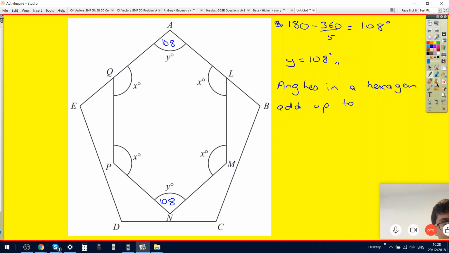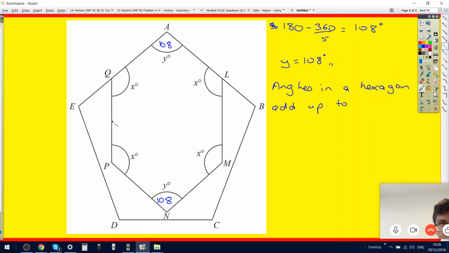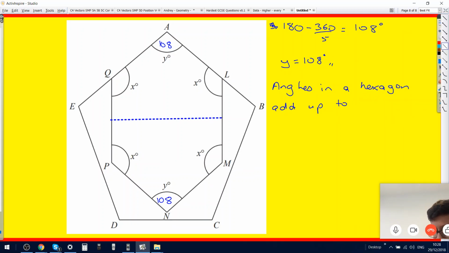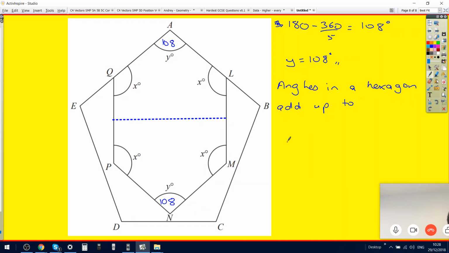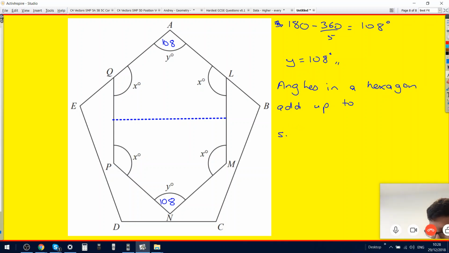Okay. So say that 2x plus 108 plus 90 is 720.